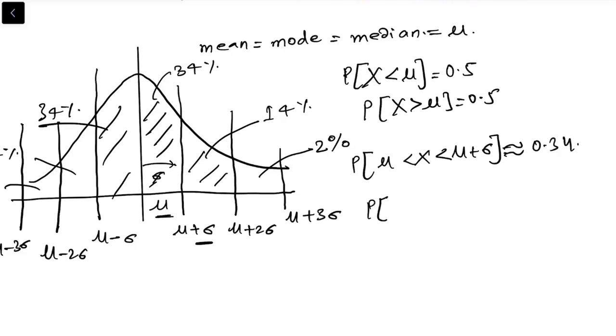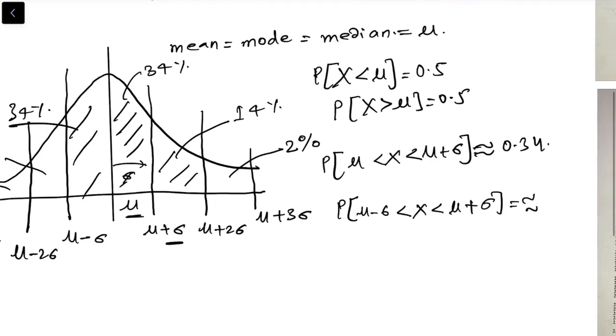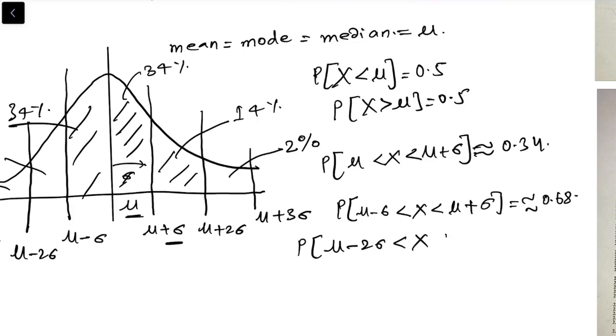And probability x is greater than mu minus sigma and less than mu plus sigma, this is approximately 68%. All right, now probability x is greater than mu minus 2 sigma and less than mu plus 2 sigma, this is approximately 0.96. Okay, so this is sometimes very useful, so it will be helpful for you to solve some questions.